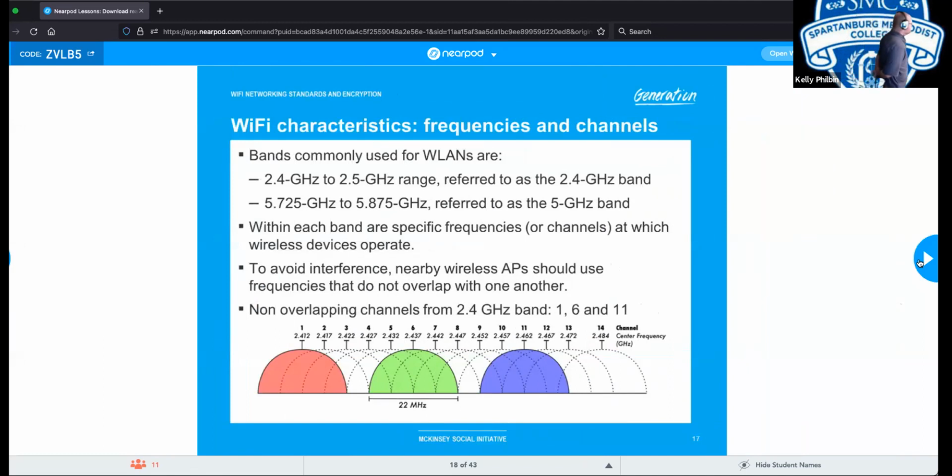Now, we've got to start getting into frequencies and channels with regards to Wi-Fi. For the most part, Wi-Fi operates off of two frequency ranges. You have the 2.4 gigahertz and the 5 gigahertz standards. Inside each band, you have specific frequencies or channels on which you can operate.